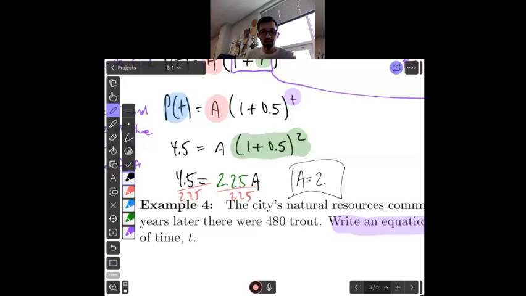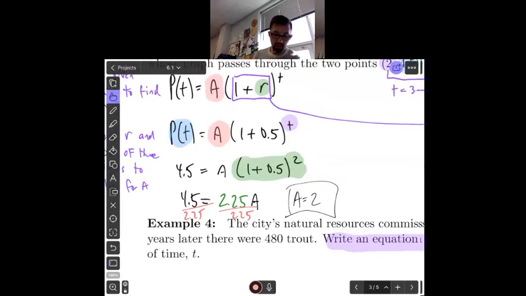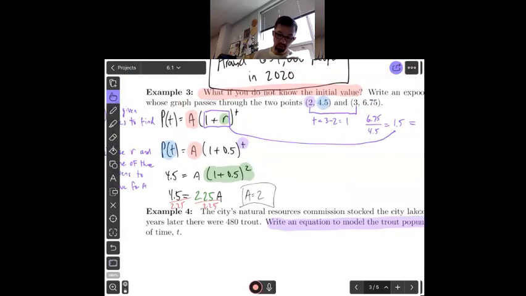So that is all they specifically said to do. They said, what if we don't know the initial value? There's our initial value. But generally what you want to do is write a function from that. And again, in order to write a function, you need to know what a is, and you need to know what r is. We know those two things now. I'm going to go ahead and write the function from that. It'll be more like what we're going to do on number 4.